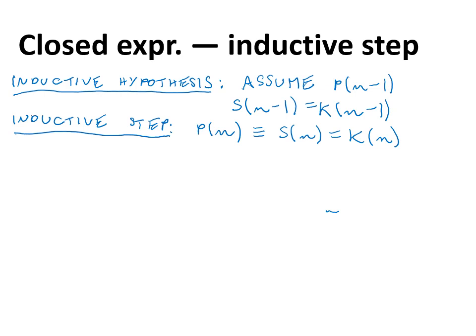Okay, so how do we prove our inductive step? Well, let's write down the recursive expression for the sum. So we have S of n is equal to 1 plus 2 plus 3 plus up to n minus 1 plus n.